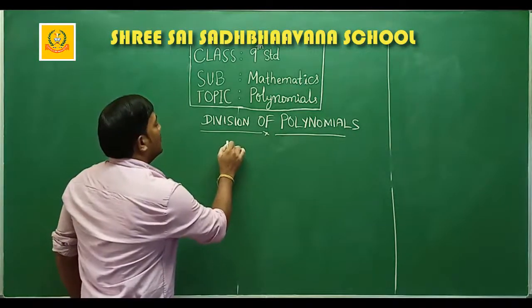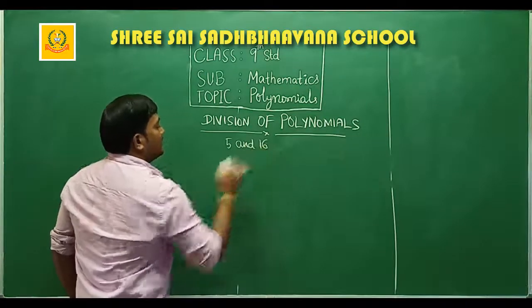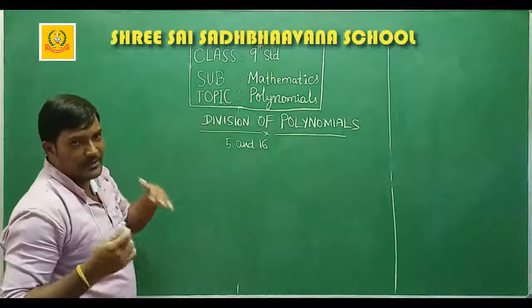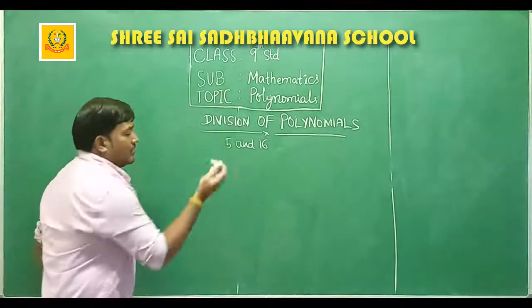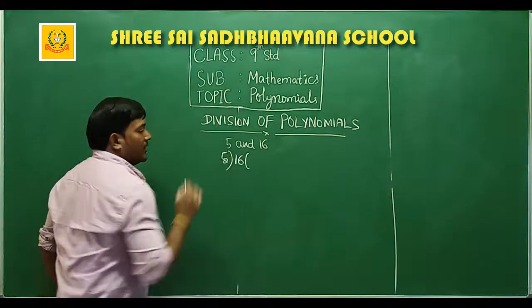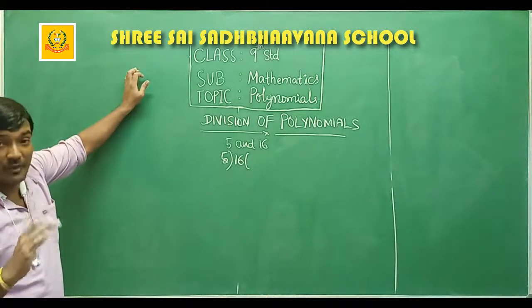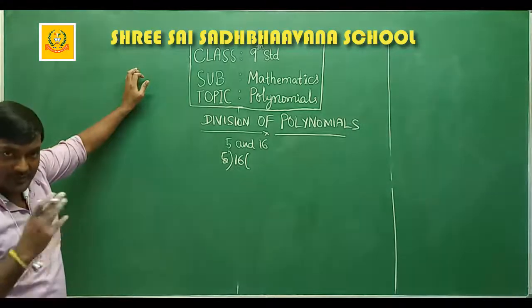You have 5 and 16. Okay? So I have to divide, obviously, and you guys know that 16 you can divide only with 5, correct? Because always you divide the greater number with the smaller number.